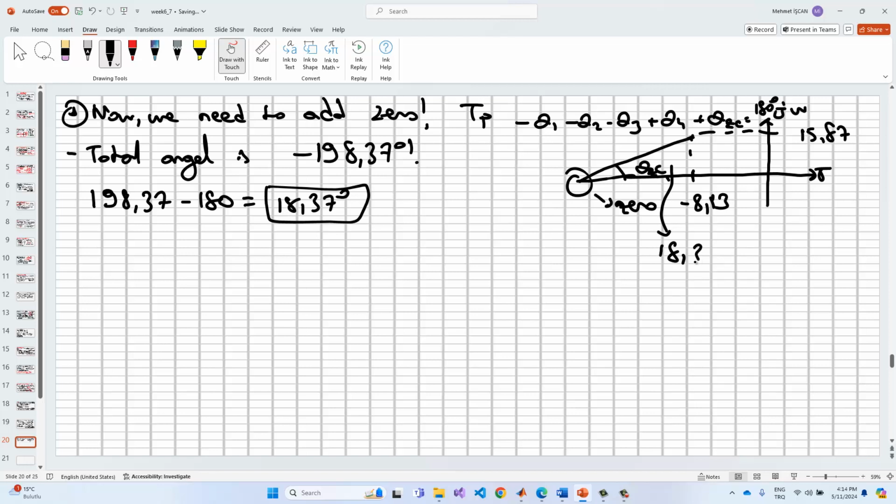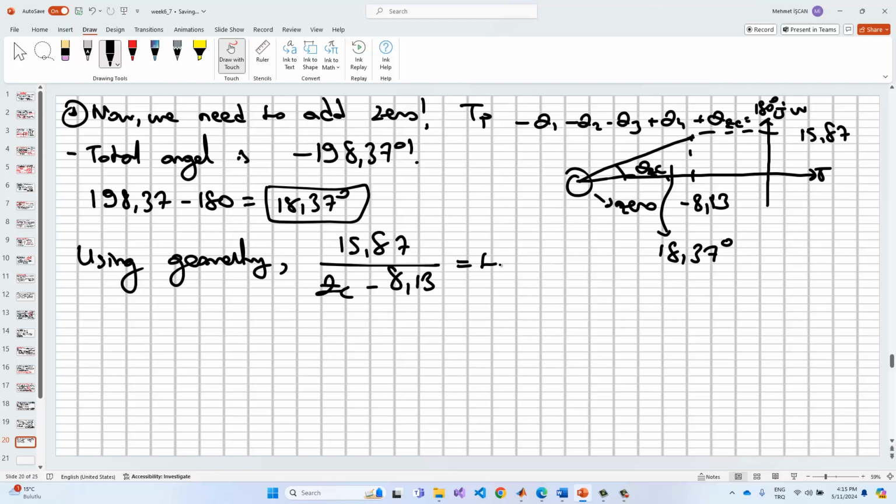The 18.73 degree. Okay? And so just using the geometry of these terms, we will have 1587 zc minus 813 must be equal to what?